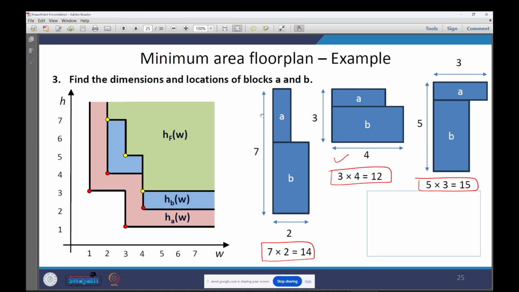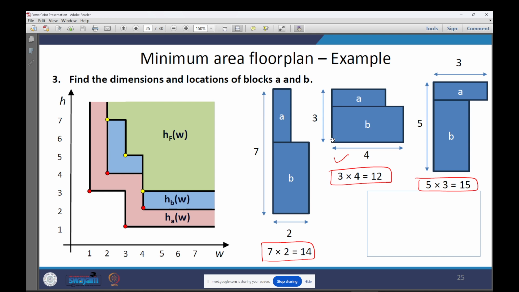No, that is 5. 4 on one side, other side is, let's say, 1.